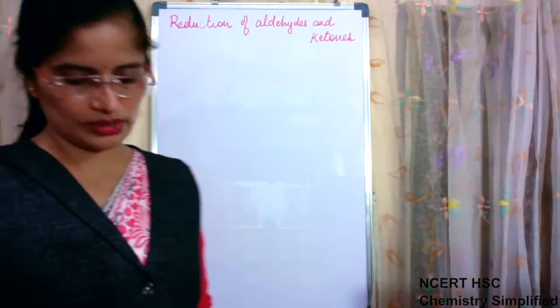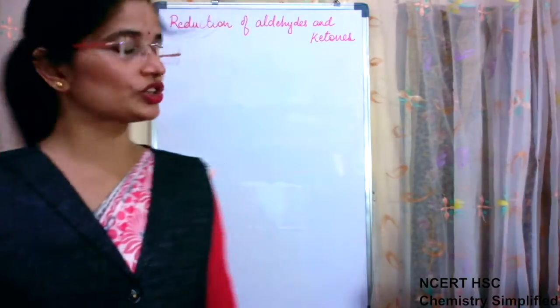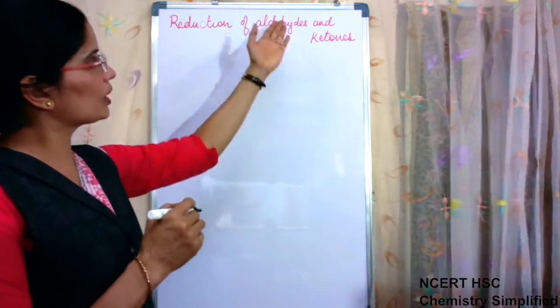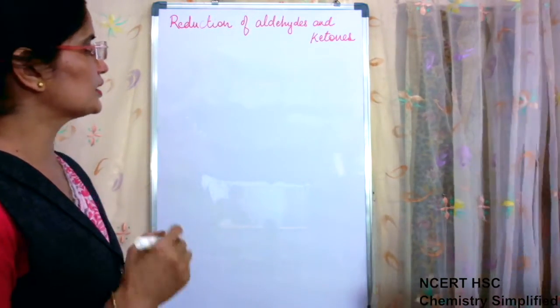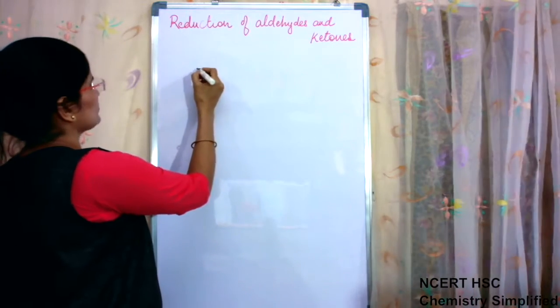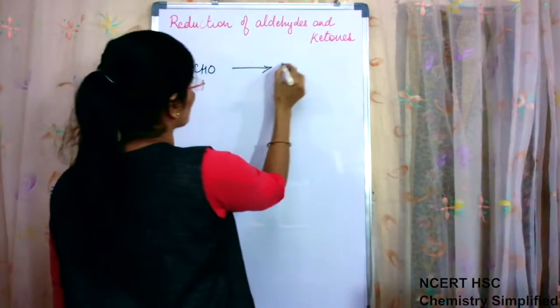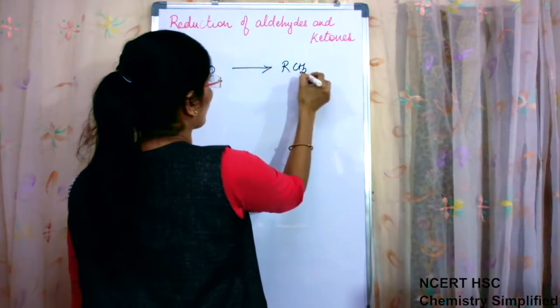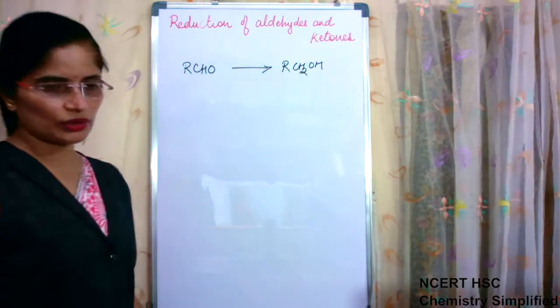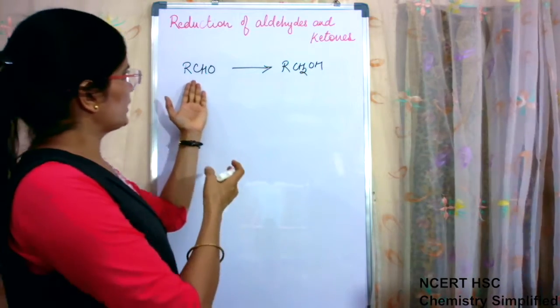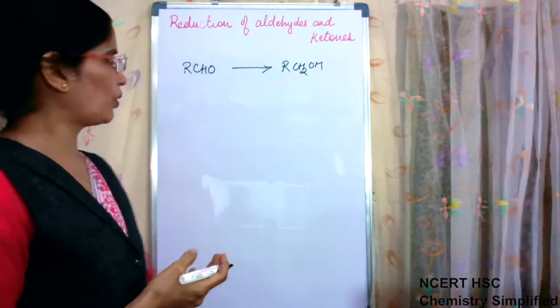And ketones. So today we will start with reduction. Now when we talk about reduction of aldehydes and ketones, we know that aldehydes can be reduced to alcohol, because the reduction of aldehyde forms alcohol.